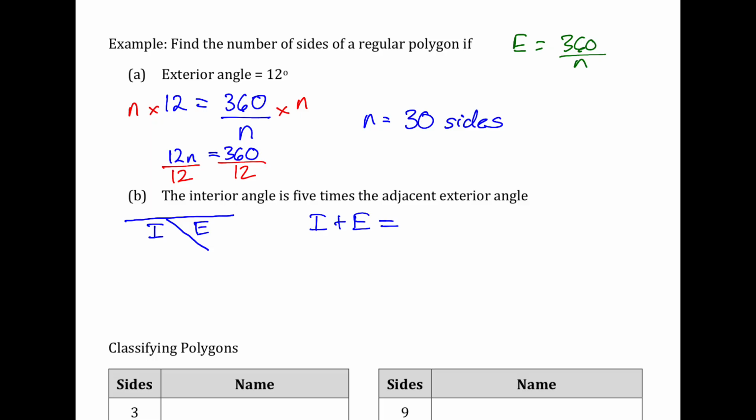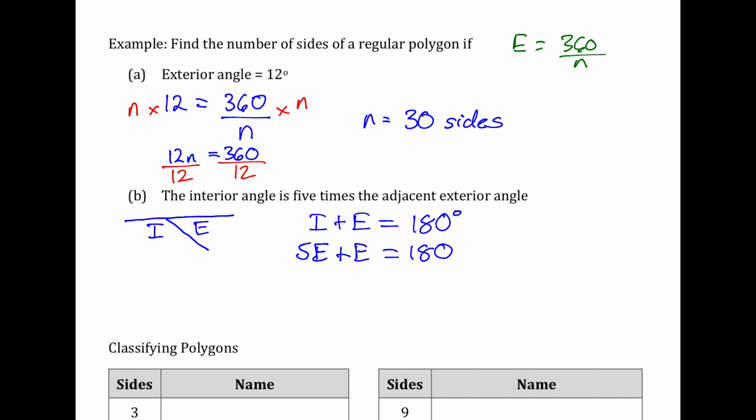So the question here is the interior angle is 5 times the exterior. So I'm going to replace this I with 5 times E. So I get 5 times E plus E equals 180.